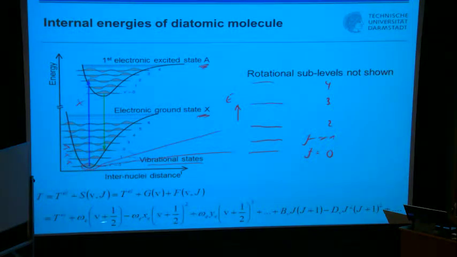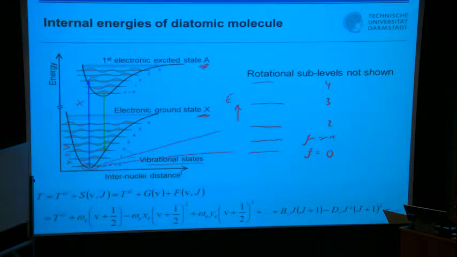The first expression, V plus 1.5 to the power of 1, is due to a harmonic oscillation, and the two other terms are the so-called anharmonic corrections. Anharmonic corrections you can see directly. This is a potential which is maybe here at its bottom close to a harmonic potential, and then you see the deviation from the harmonic potential. This is corrected by terms number 2 and 3 in this expression, omega E Xe and omega E Ye.